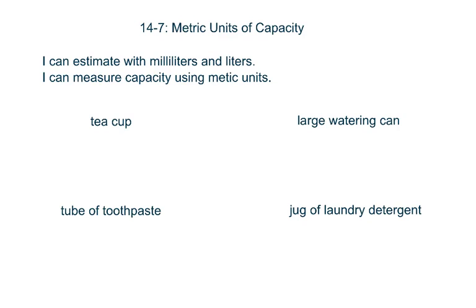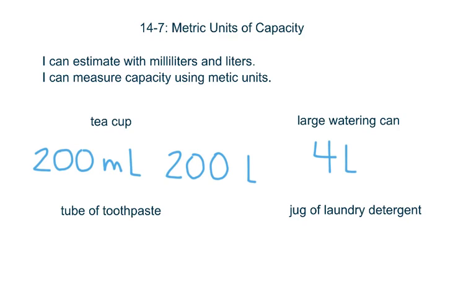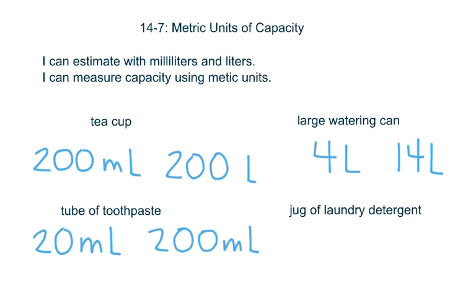For a teacup, is it more likely to hold 200 milliliters or 200 liters? Is a large watering can more likely to be 4 liters or 14 liters? Is a tube of toothpaste more likely to have 20 milliliters of toothpaste, or is it more likely to have 200 milliliters of toothpaste?